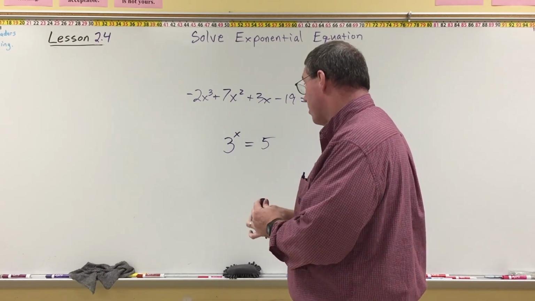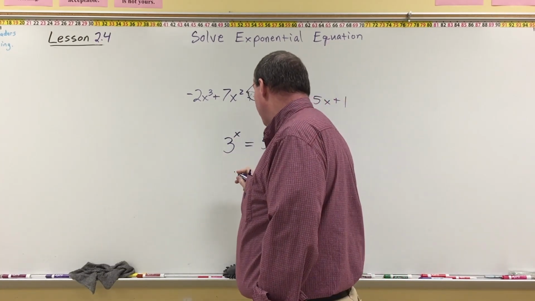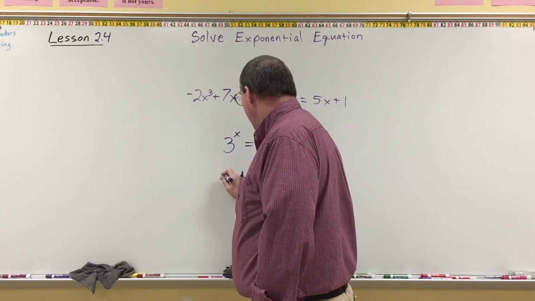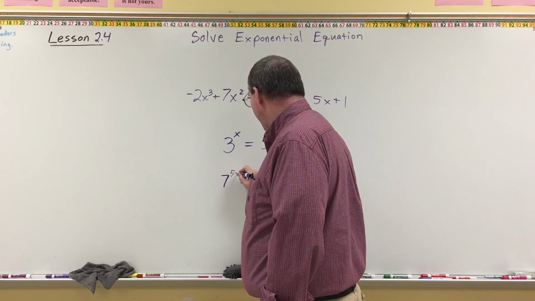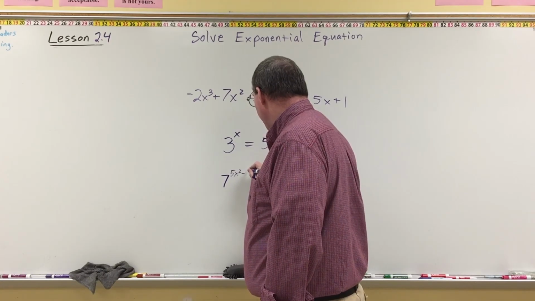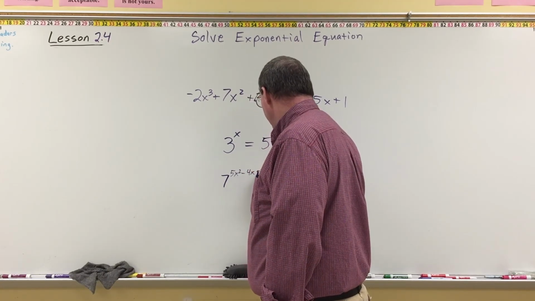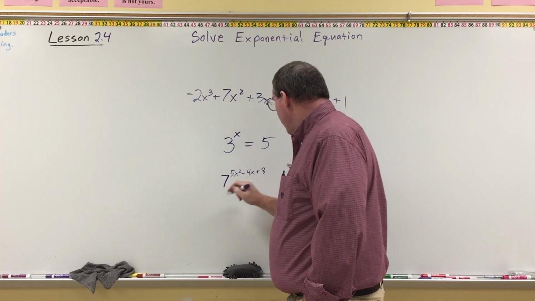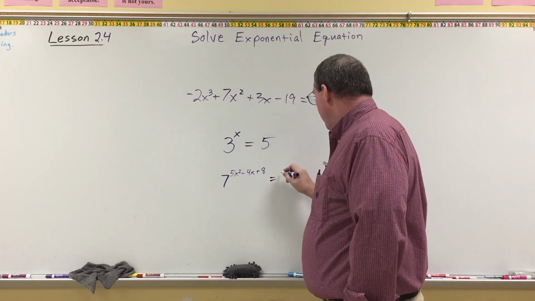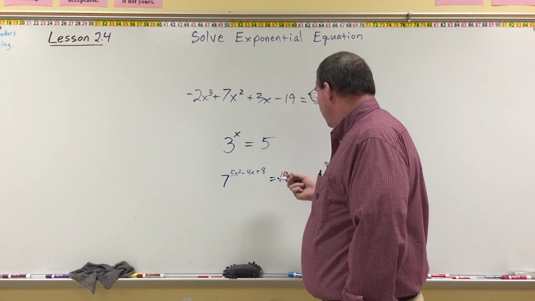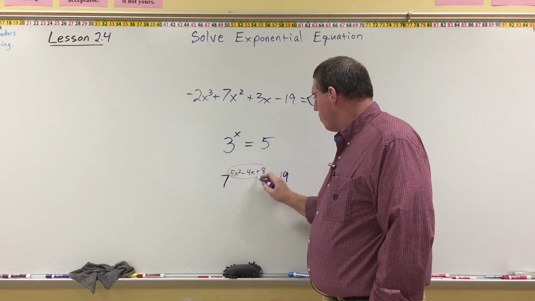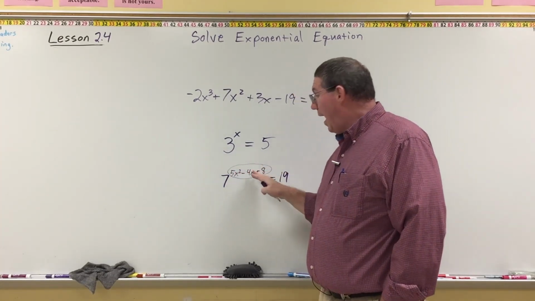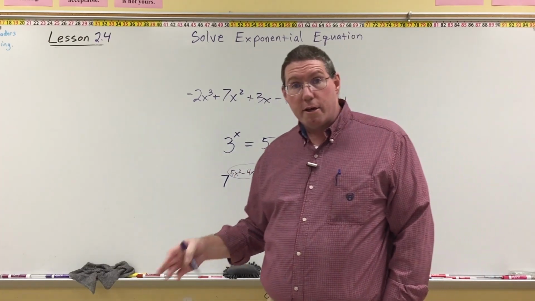Another example, because this exponent can become very complicated. You could have 7 to the power of 5x squared minus 4x plus 8, okay, equals 19, okay? And what we have here is now, look, in the exponent, we actually have a quadratic expression.